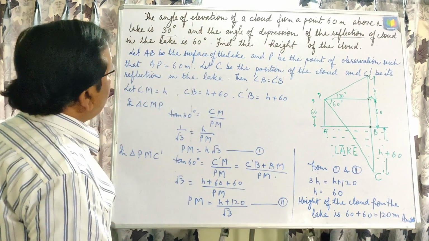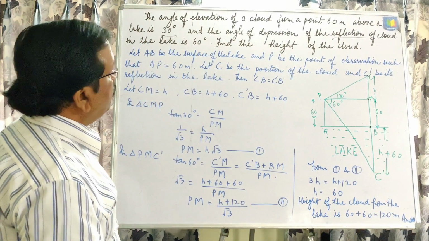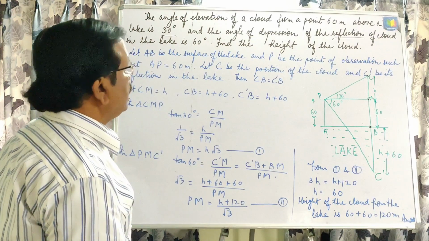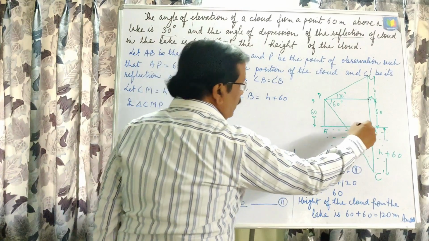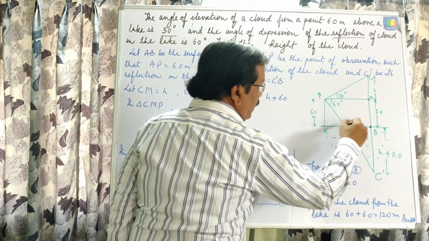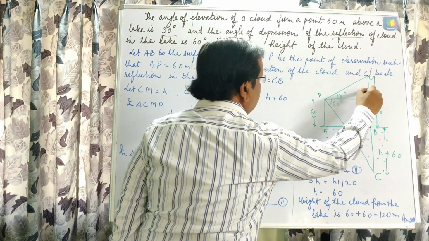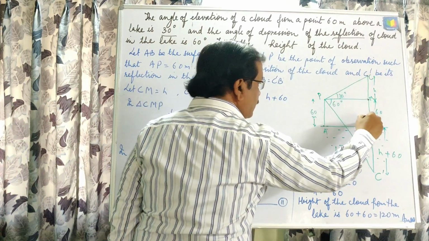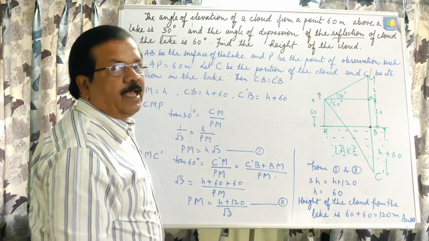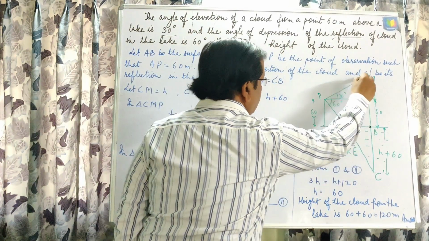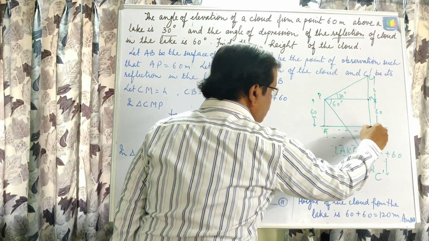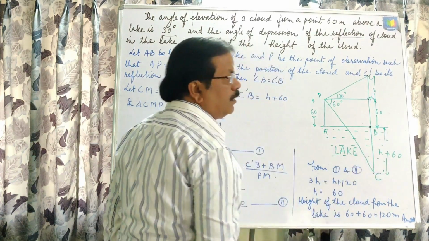Okay, and the angle of depression of the reflection of the cloud in the lake is 60 degree. Find the height of the cloud. Again, this is the surface of the lake. This is 60 meter above, then h. So the total height is h plus 60, and by the concept of reflection, whatever distance is this h plus 60, the same distance will be in the lake.